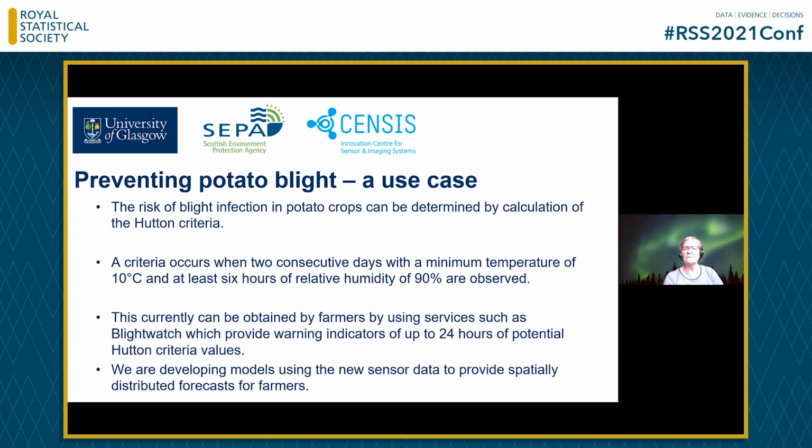It's used by farmers to provide warning indicators of up to 24 hours in advance, which they can then take remedial action on to avoid the issue. So we've been developing, with the sensor data that we have, some localized calculations of the Hutton criteria, which we can then feed back to specific farmers for their specific fields as well.